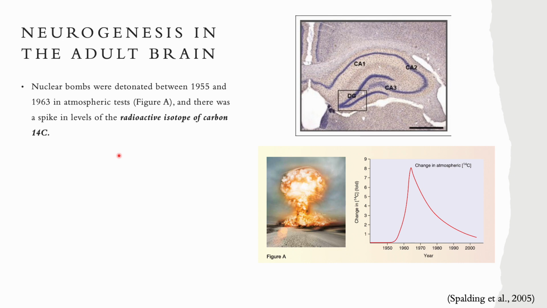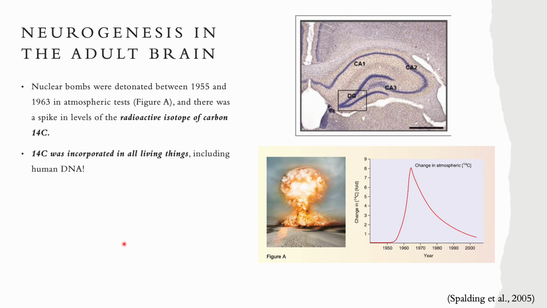Between the years of 1955 and 1963, we know that there were hundreds of nuclear bombs that were detonated in atmospheric tests, as shown here in Figure A. This caused widespread dissemination of radioactive fallout, and so during this time, as we can see in this graph, there was a large spike in this radioactive isotope called carbon-14, 14C.